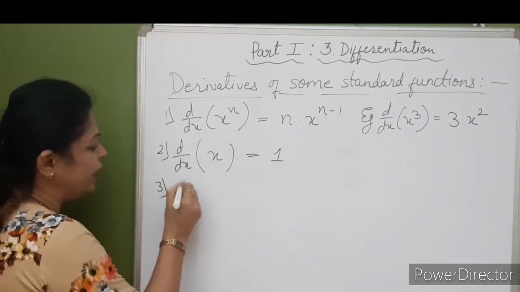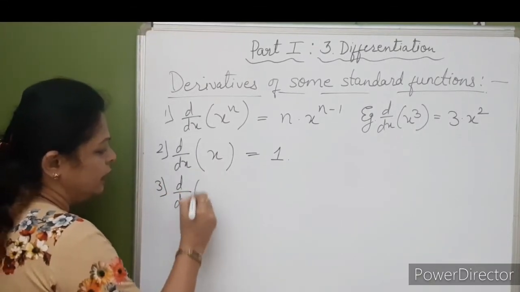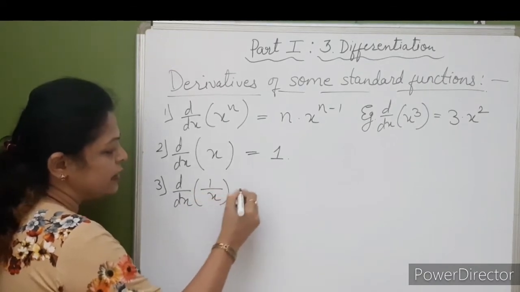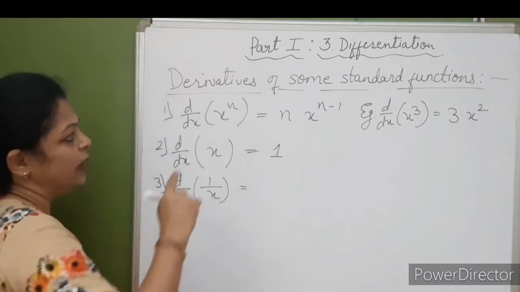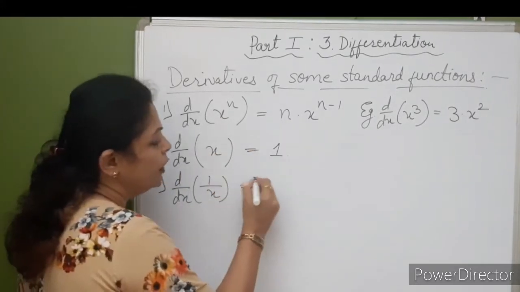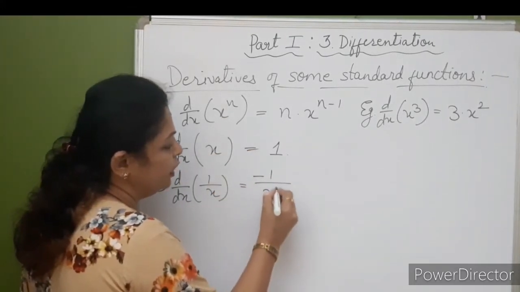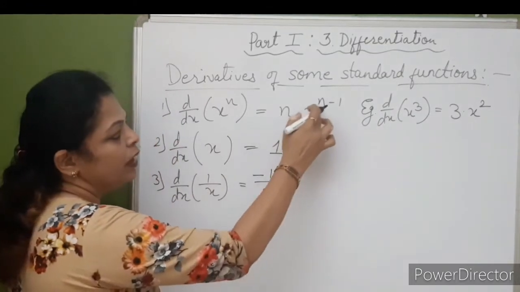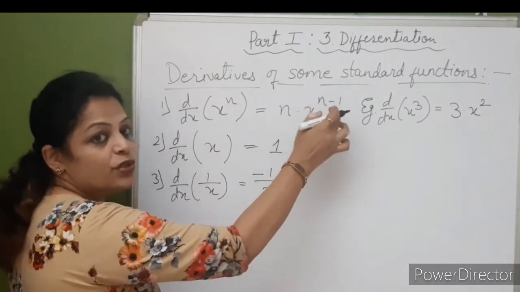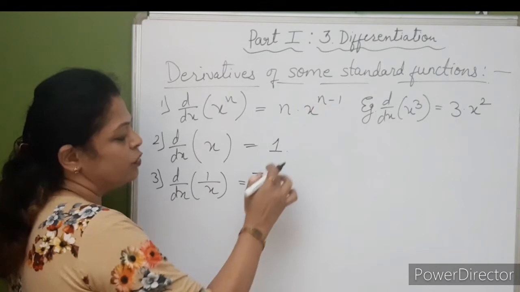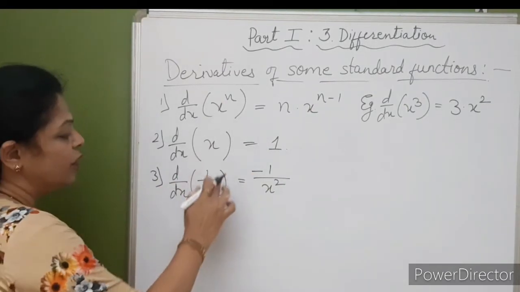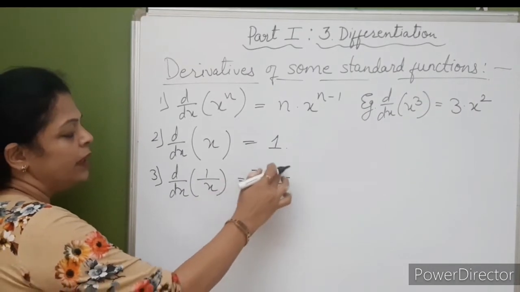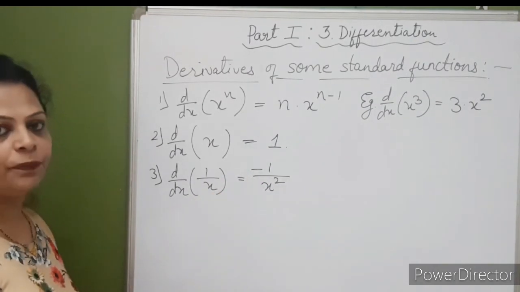Then let us find derivative of 1 upon x. Now 1 upon x is x raised to minus 1. So you get here minus 1 upon x square. See, minus 1 minus 1 will be minus 2. So x raised to minus 2 is nothing but 1 upon x square. So derivative of 1 upon x is minus 1 upon x square.